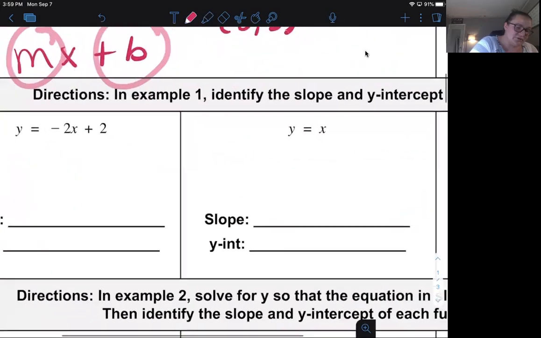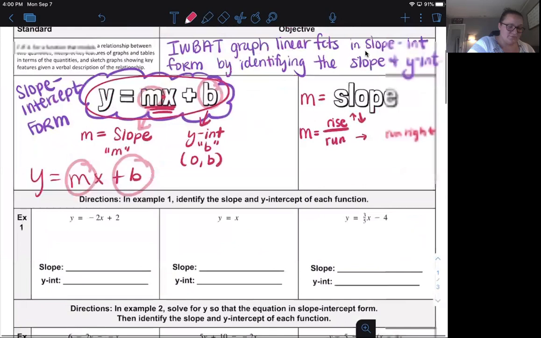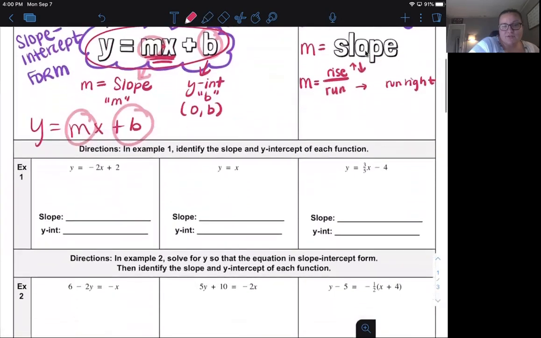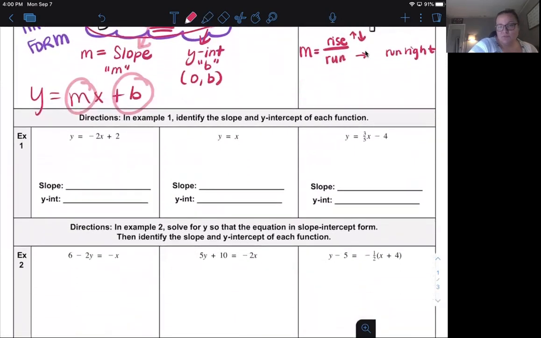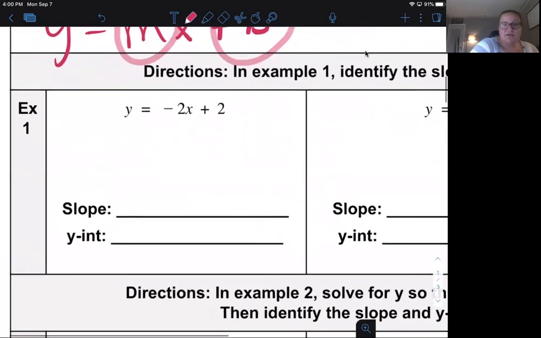So let's look at some equations. In example 1, we're going to talk about 3 equations, and we're going to identify the slope and the y-intercept of each function. This first equation is y equals negative 2x plus 2. This equation is in slope-intercept form, or y equals mx plus b form. Well, what number is being multiplied by x? What's our m?